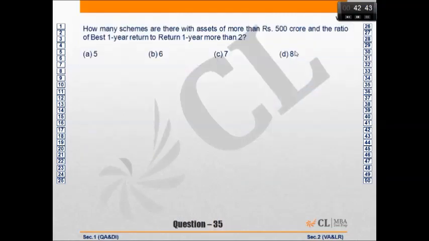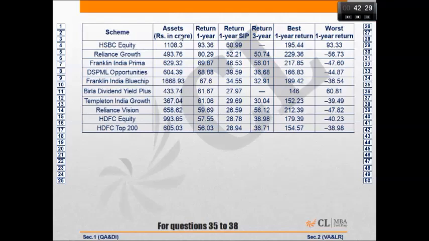How many schemes are there with assets more than 500 crores and the ratio of best 1 year return to return 1 year more than 2? Best 1 year return upon return 1 year should be greater than 2 and overall assets should be more than 500.